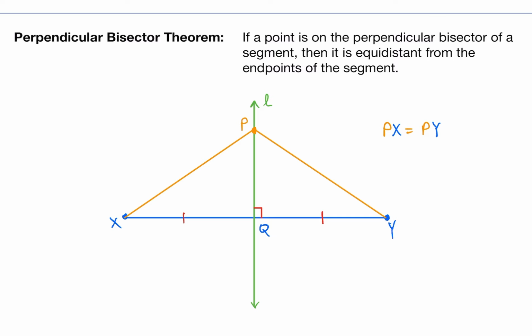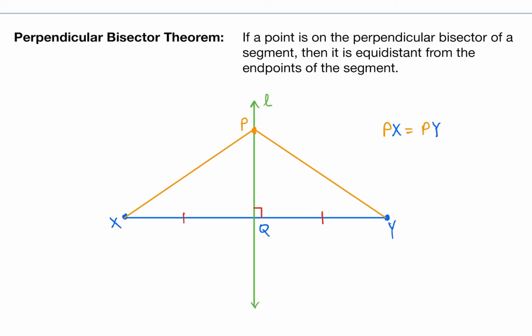So when you have that scenario, any point on this line will be equidistant to the endpoints of the segment. So PX will be equal to PY.